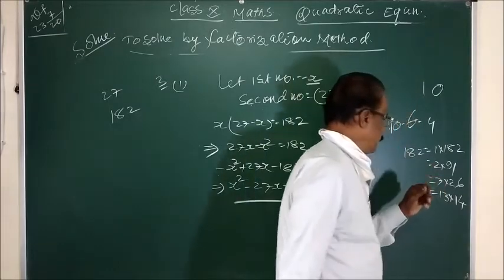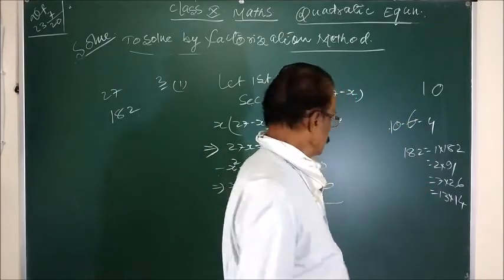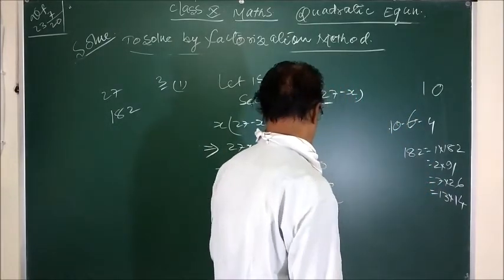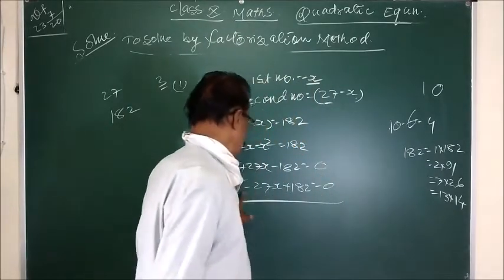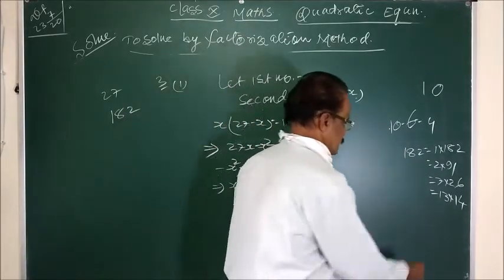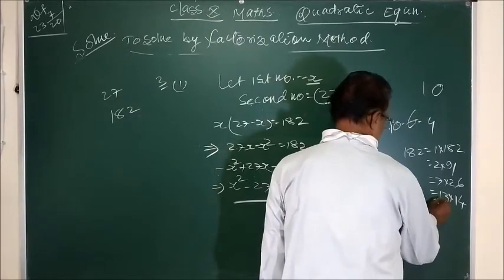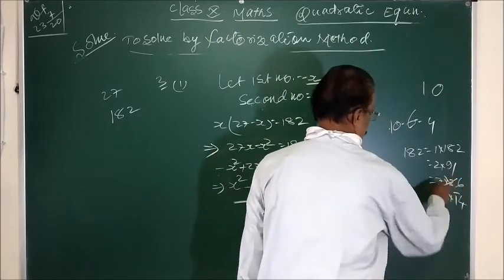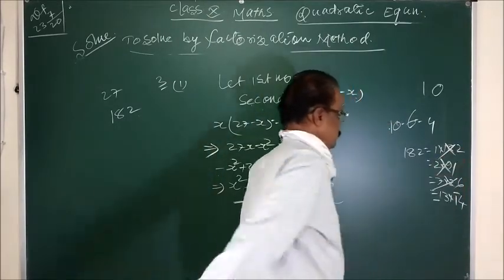So these are the pairs of factors, and you choose one pair and you should get minus 27. So this will be minus 13 and minus 14.